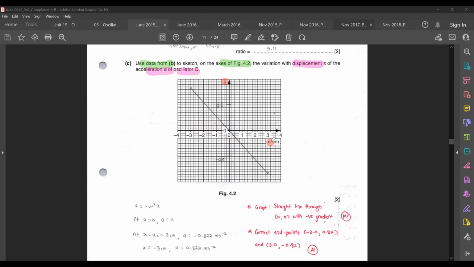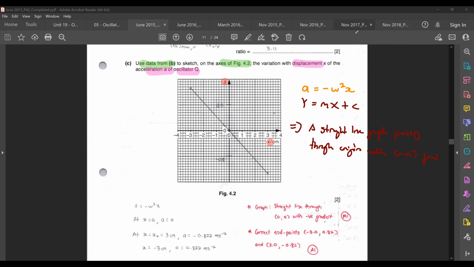So this one, based on what I just explained to you, if it follows simple harmonic motion, and you compare it to the equation of a straight line, what you're supposed to get is a straight line graph passing through origin with negative gradient, omega squared. That's the graph shape that you expect to see.